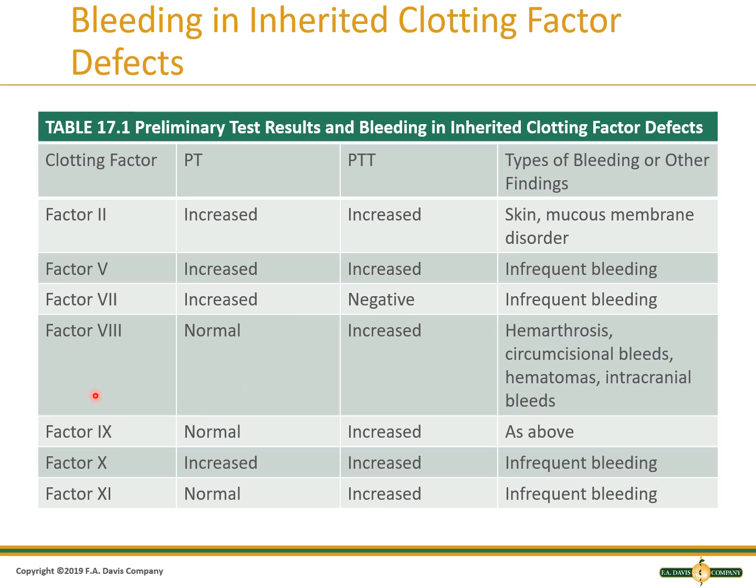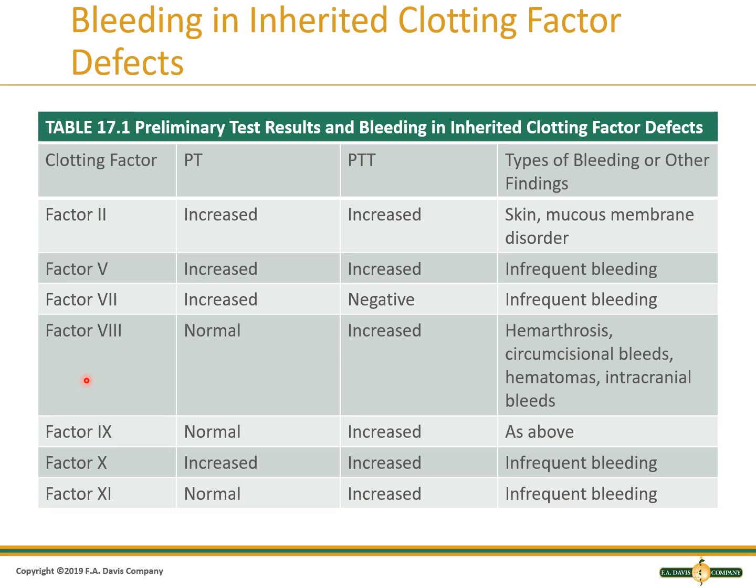Factor 8 deficiency, we have a normal PT, an increased PTT. Hemarthrosis, which means there's bleeding in the joints, circumcisional bleeds, hematomas, intracranial bleeding, as we discussed several of these symptoms in previous slides in this lecture.